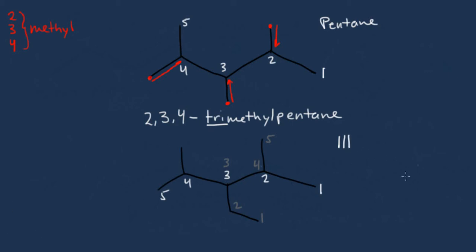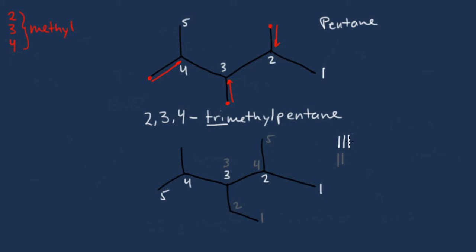Let's do the same thing going across the gray numbers. So 1, 2, 3, we have a substituted group on 3. So there's our first tally mark. Going to 4, we see there's another substituted group, and so our second tally mark, and nothing else on the 5.